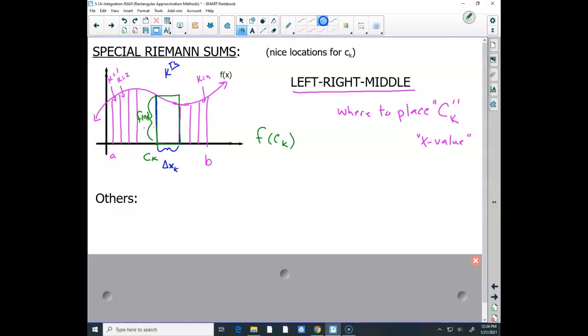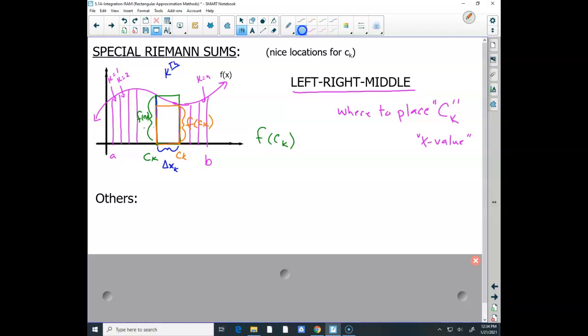Well, if I picked the right endpoint, then my c sub k is right here, which means I would be using this rectangle because that c sub k is a little bit less, so that's f of c sub k. Okay, so my height's a little shorter. Hopefully you can see on the green one, where we're at on this particular curve, is going to be an overestimate, and the orange one is going to be an underestimate.